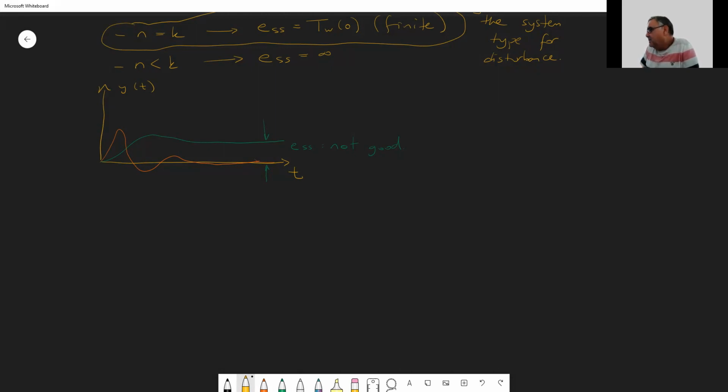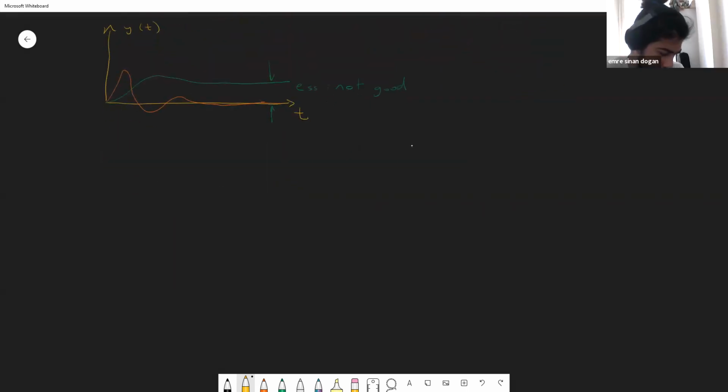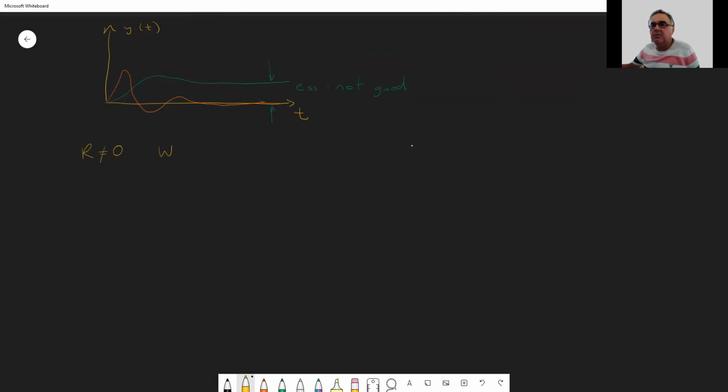Basically, type 0 systems have steady state error if you have a step input, and it also depends whether you have a disturbance or a reference input. Let's say that we have R is not 0, W is 0.